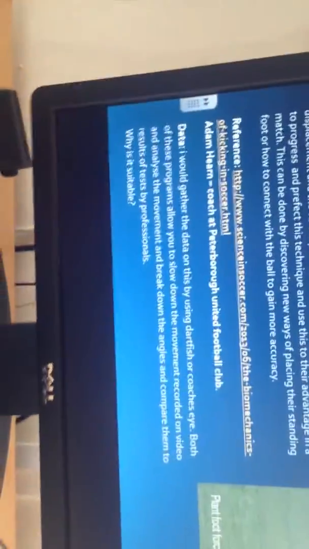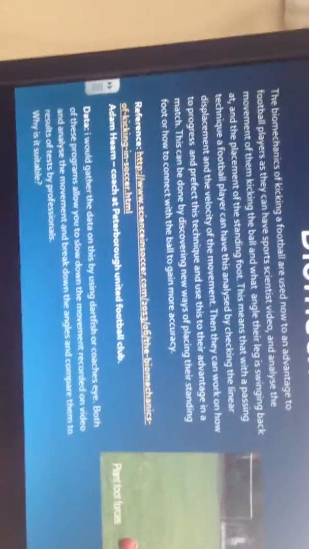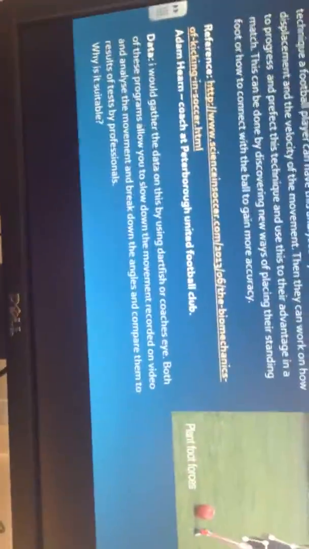A basic way of gathering this data is to use Dartfish or Coach's Eye. You use both of these programs to slow down the movement in a recorded video and do exactly what's been done here with the angles. I think this is very suitable, as Coach's Eye is a very cheap but useful and effective app which you can buy on your phone for $2.99, and this then allows you to improve the performance.